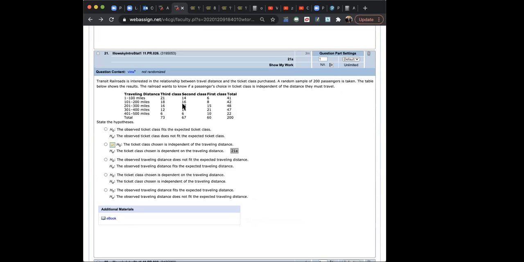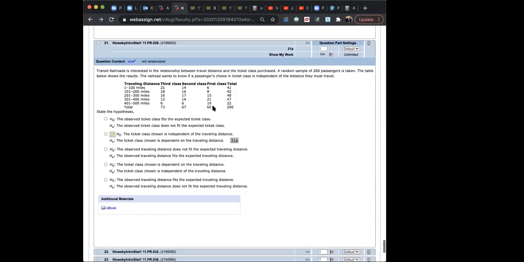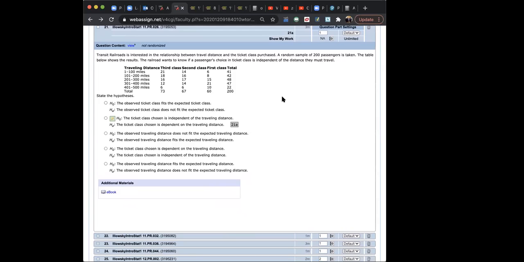Let's look at the contingency table here, where the row labels are the traveling distance and the column labels are third, second, and first class frequencies. In a test for independence, we have these two attributes, and the null hypothesis is always that the two attributes are independent against the alternative that they're not independent.